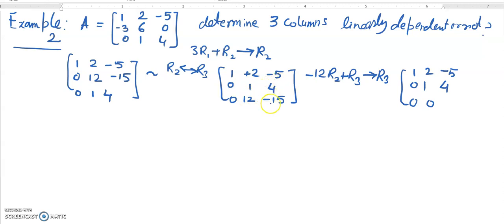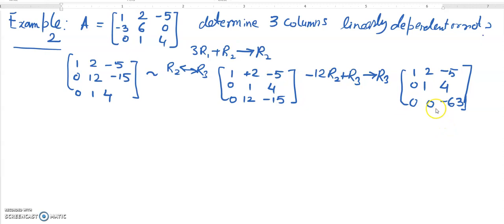This is minus 48, and then this is minus 15. So minus 48 minus 15 is minus 63. So I get this form over here.